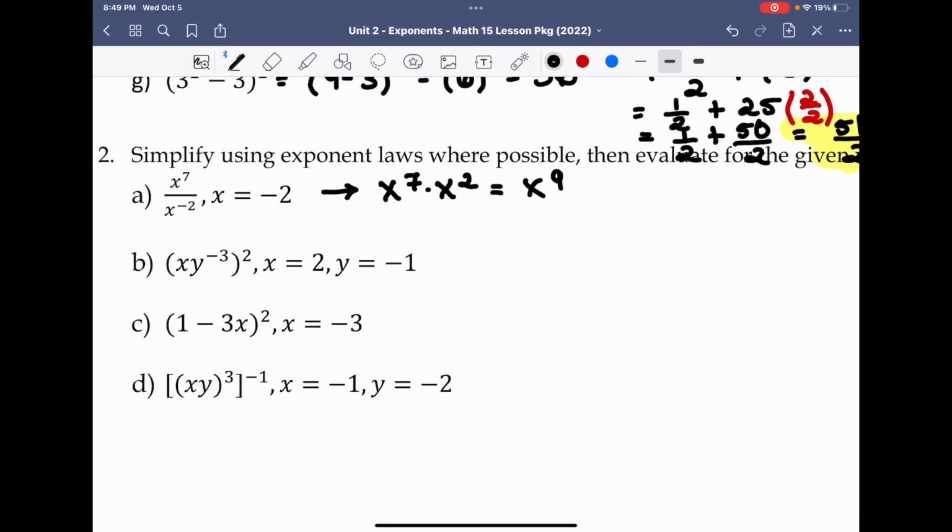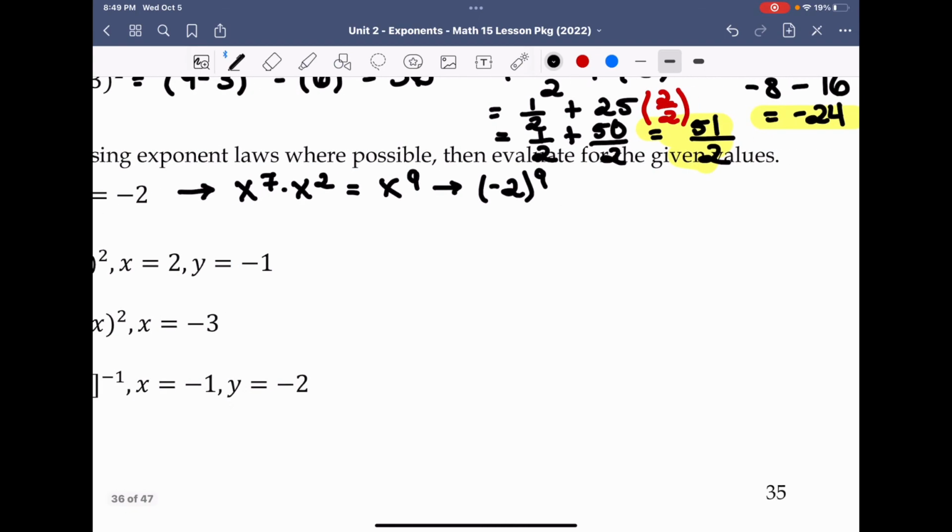Therefore, if I substitute in my negative 2 to the 9th power, we have a negative raised to an odd exponent. That means my answer is going to be some form of negative. And then 2 to the 9th power should give me negative 512. So that would be my answer for A.